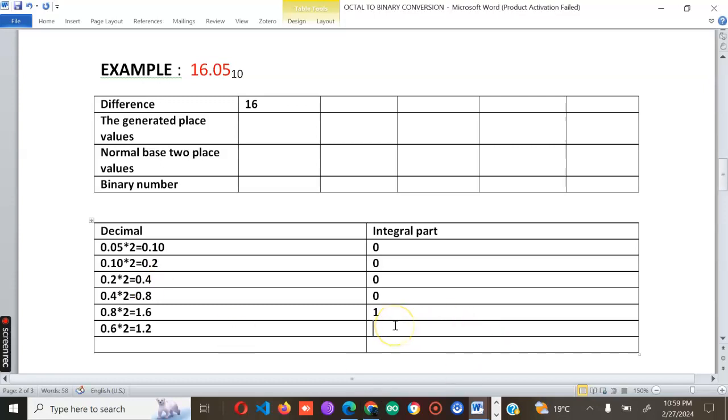So we'll have 1 here. Then we have 0.2 multiplying by 2, which is 0.4. So we have the 0 here.